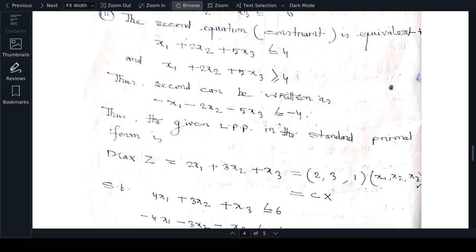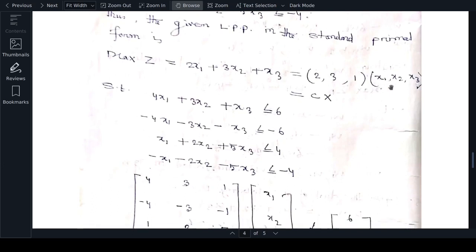Thus the given LPP in standard primal form is: maximize z equals 2x1 plus 3x2 plus x3, written in vector form as (2, 3, 1) times (x1, x2, x3), such that you write all the constraints. The first is less than or equal to 6, the second is less than or equal to minus 6, the third is 4, and the fourth is minus 4.